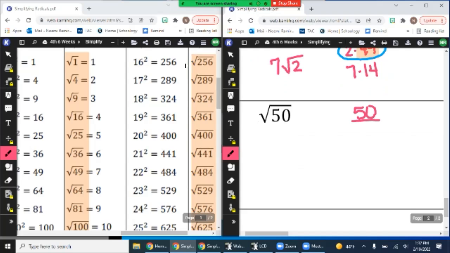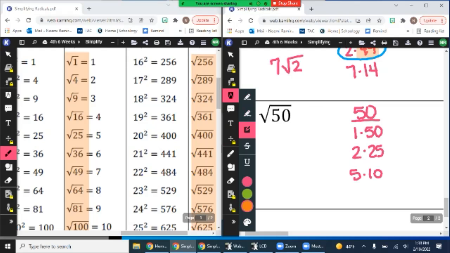All right. She said, I can't do this. Okay. Factors of 50, 1 times 50. 5 times 10. All right. I know that the number 1 is a perfect square, but what other one? 25.